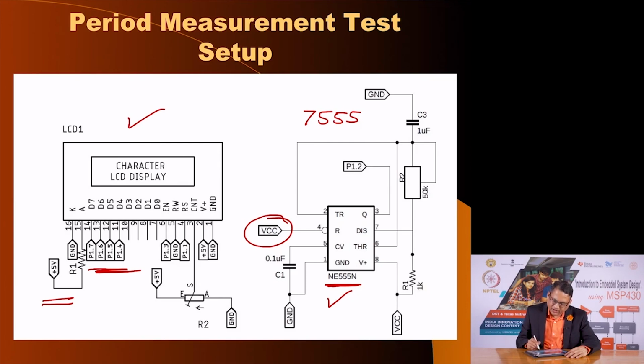So, the supply voltage for the 7555 is 3.3 volts and it is used to generate a signal which is available on the output pin 3, and we are going to connect it to P1.2. Why? Because P1.2 will be the capture compare input, and that will be used to capture the value of the timer into the capture compare register.